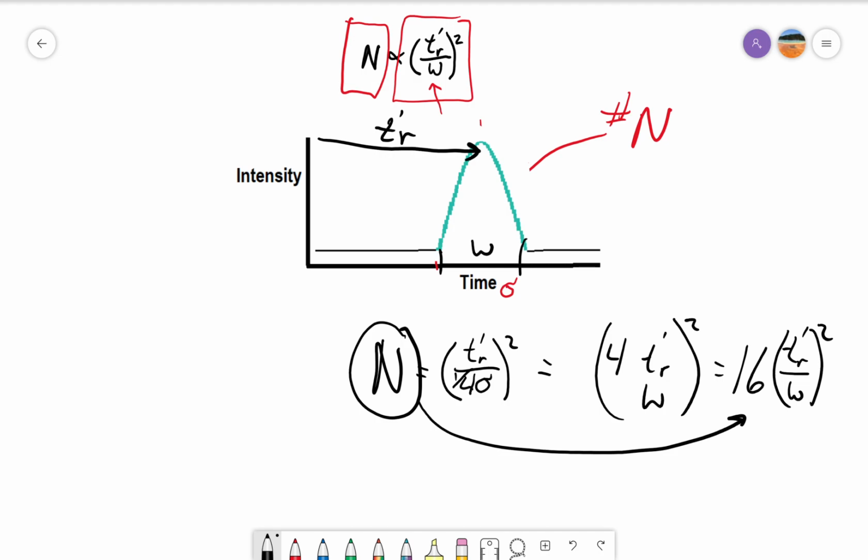This still leaves us with the problem of how do you measure W? Where does the peak actually start and where does it tail off? And that's sometimes a very difficult thing to measure.